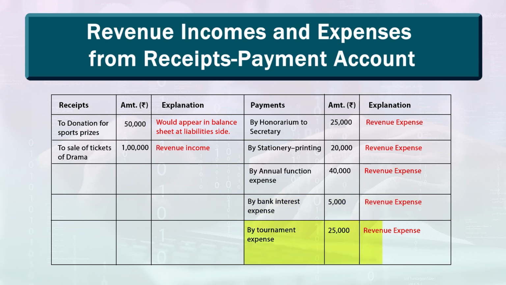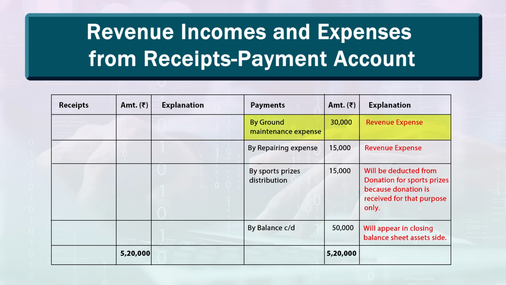After that, there is sports tournament expense of rupees 25,000. It is also a revenue expense. The ground maintenance expense of rupees 30,000 is also a revenue expense. Repairing expense of rupees 15,000 is also revenue expense.